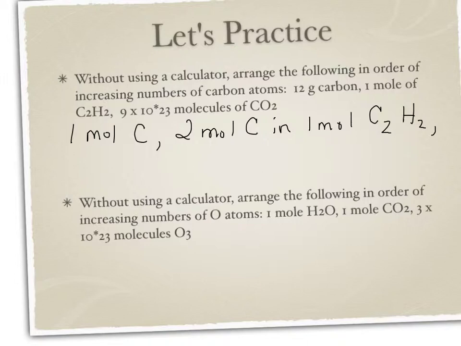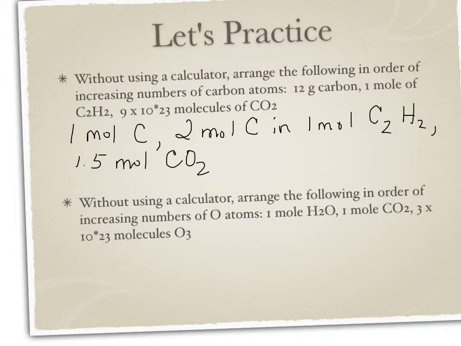All right, so anyway, 9 is 1.5 times 6. Now, why is that important? Well, if you have 6 times 10 to the 23rd molecules, that would be 1 mole. So if you have 9 times 10 to the 23rd molecules, that's 1.5 moles. And, of course, there's 1 carbon in CO2, so we would multiply by the 1 and end up with 1.5 moles.